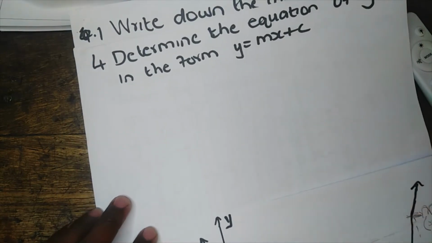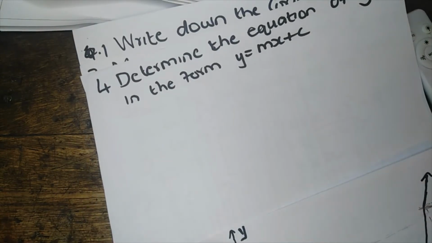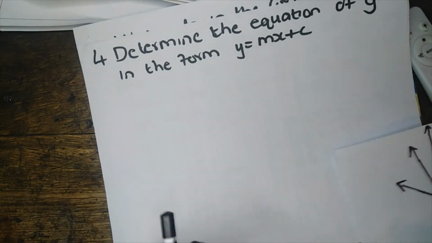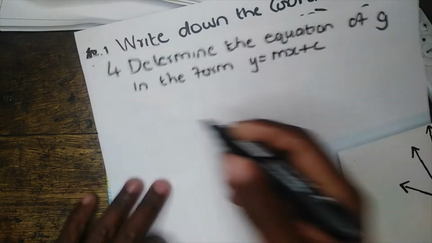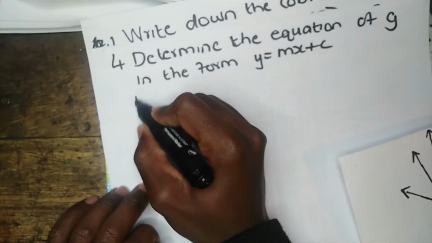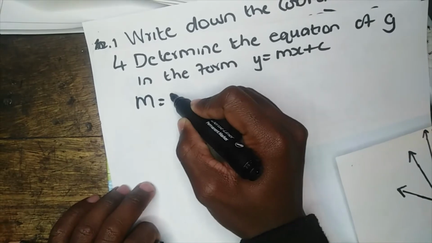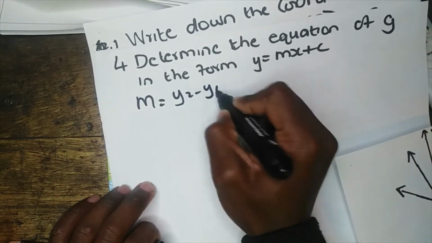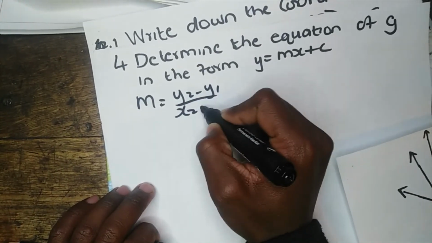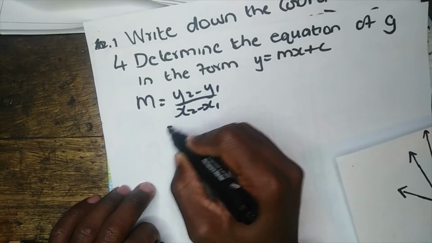Let's calculate gradient A2. You know the formula, guys. You must know it by heart. The formula for the gradient we know. So m is equal to y2 minus y1 over x2 minus x1, right? So what are the coordinates?